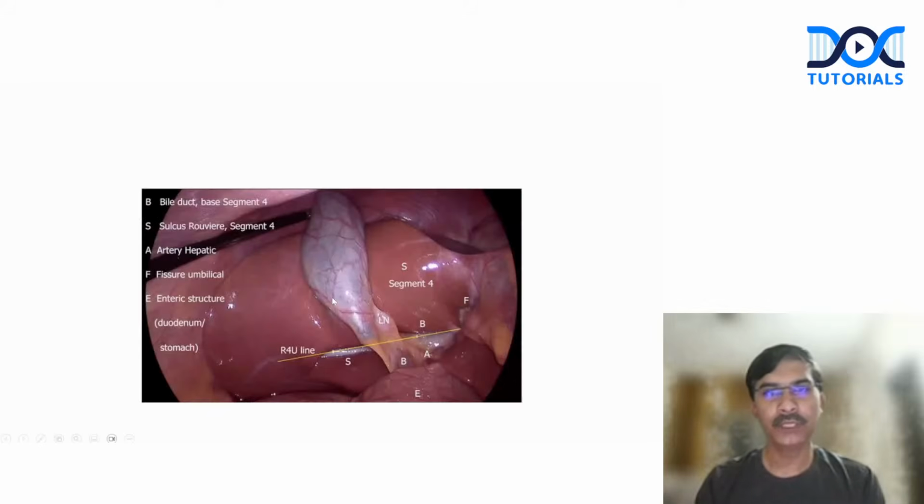So what is the R4U line? This is a fairly horizontal line, starting from the Rouviere's sulcus, going in the base of segment 4, and then going to the junction of the umbilical fissure and the horizontal portion of the left portal vein. The concept is, if we stay above this imaginary R4U line, the chances of injuring vital structures are very, very less, as we can see in this picture.